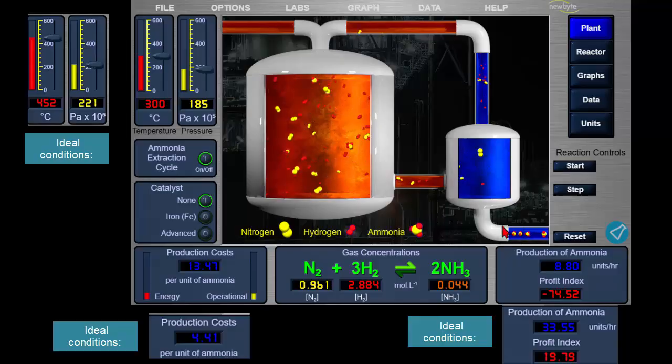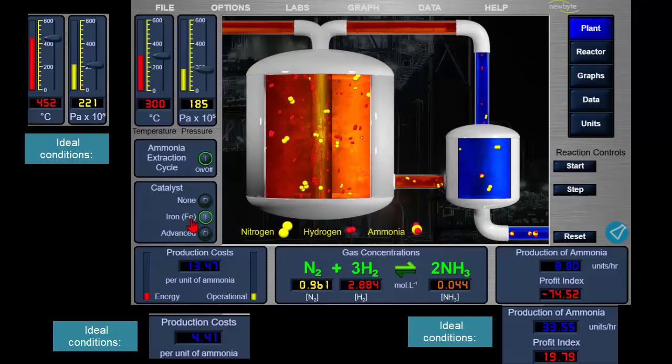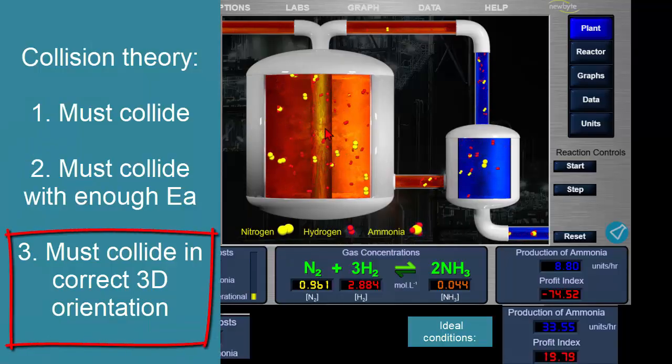So it's fairly complicated. You want to use a catalyst. It's widely used, the iron one. The advanced one is not, I think that actually costs a lot of money. I think they're working on that. So the iron catalyst either holds it in a better 3D orientation, or it lowers the activation energy.